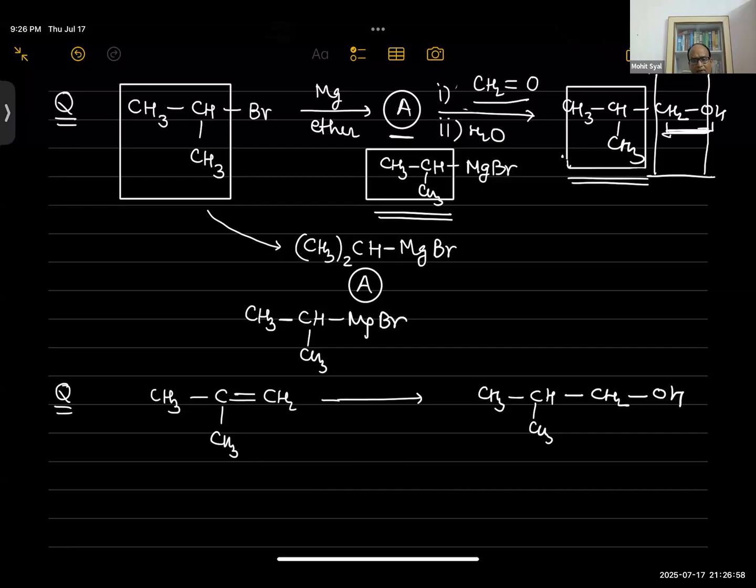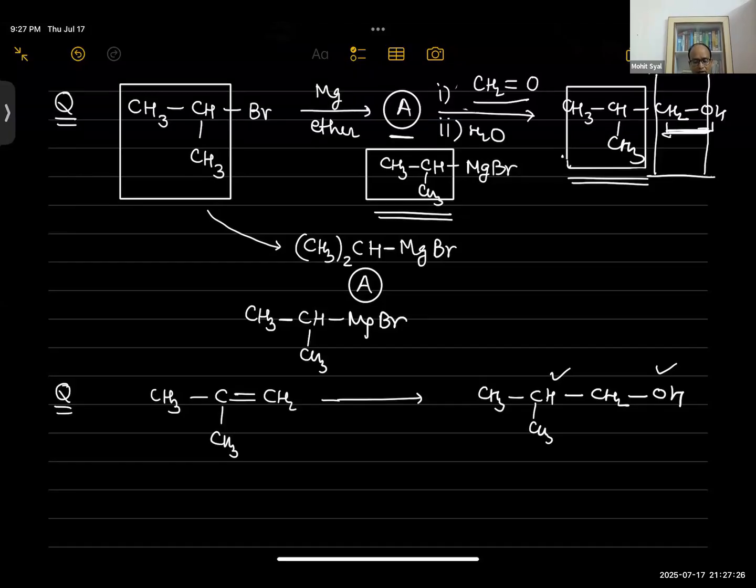So compare what we are having now. Compare what extra we need to put in the product. You have H and OH extra. This is addition of water.